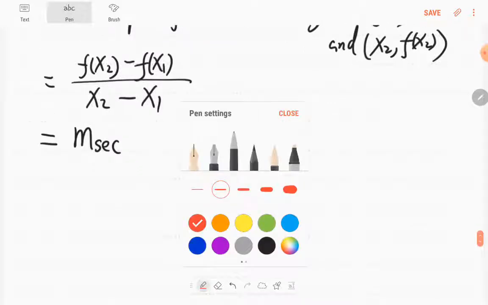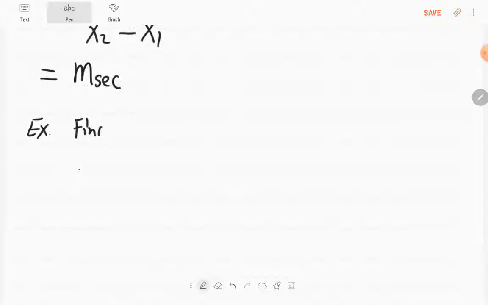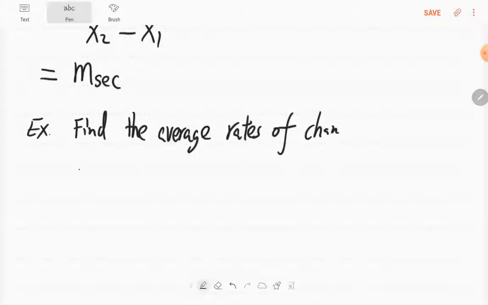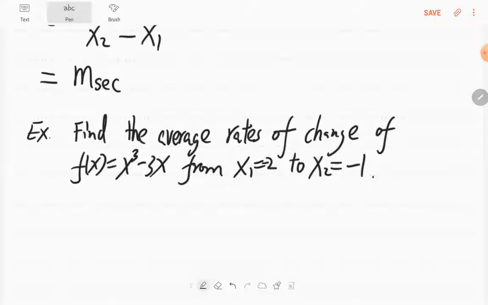So one quick example. We want to find the average rate of change of the function f of x equals x cubed minus 3x from x1 equals -2 to x2 equals -1.